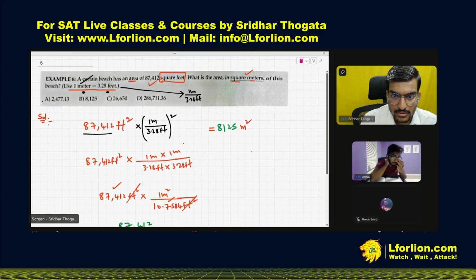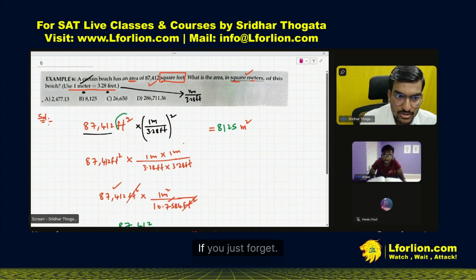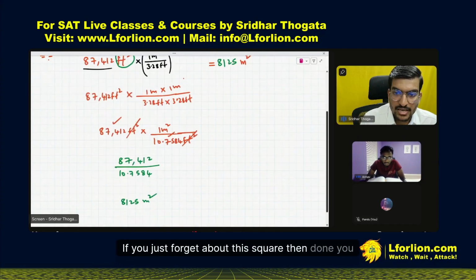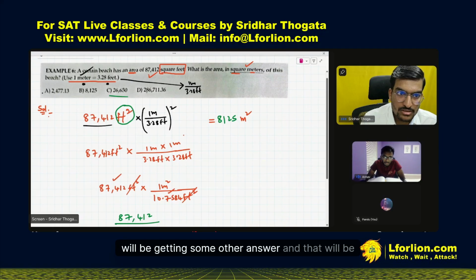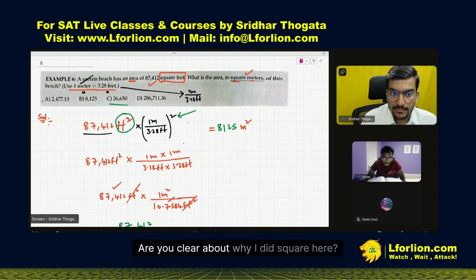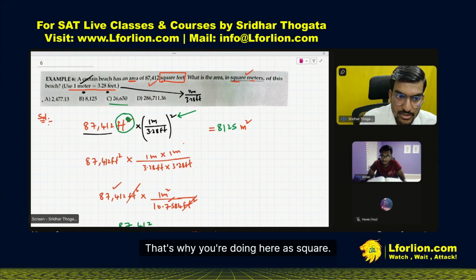Had you understood the way I went? If you just forget about this square, you will be getting some other answer and that will be available in the options. Are you clear about why I did square here? Because you had square there, that's why you're doing square here. In the previous question, this was not squared, so we won't square; we will cancel out feet.